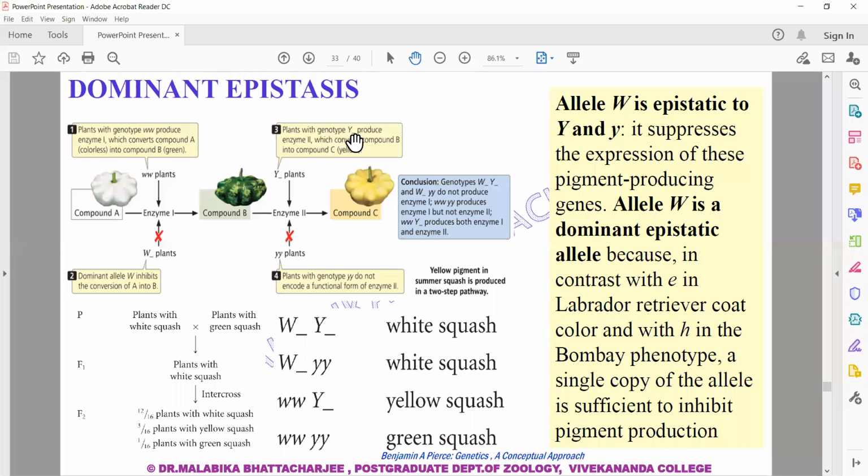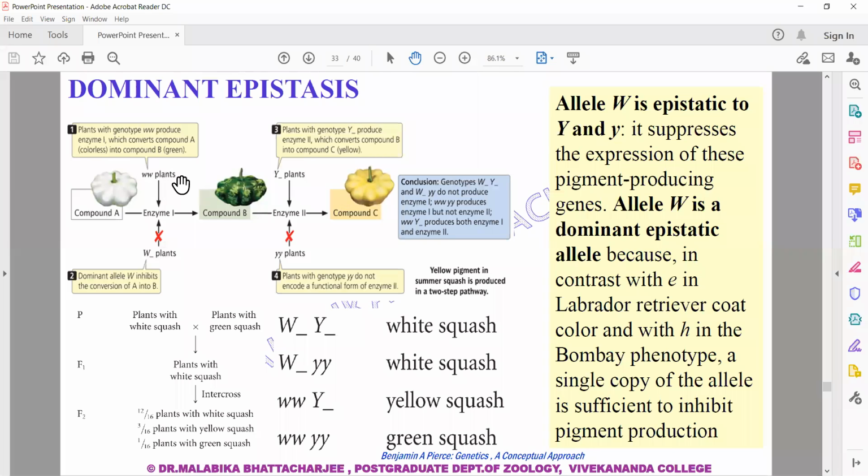Plants with capital Y produce enzyme 2, and the enzyme 2 is able to convert compound B to compound C, that is yellow color. So when we have a ww condition and one or two capital Y, we will be getting the full pathway. So those plants will have yellow squash. You can see ww and one capital Y, we get yellow squash. The full pathway is operative.